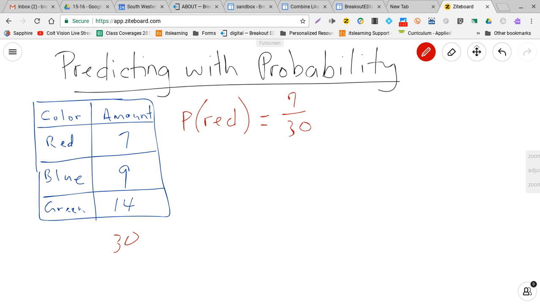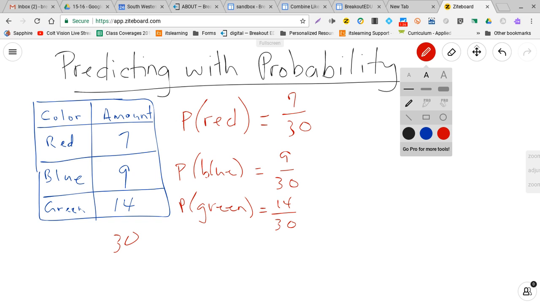So the probability of picking a red is 7 over 30. I can do the same thing for the other ones. The probability of picking a blue is going to be 9 out of 30. And the probability of picking a green is 14 out of 30.